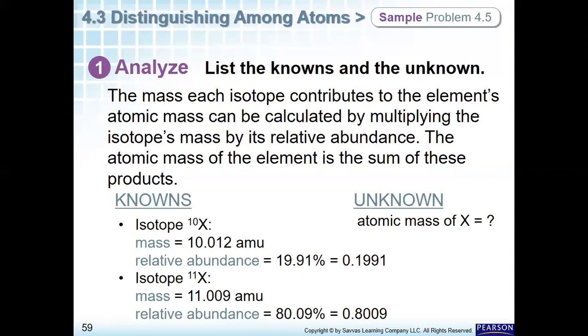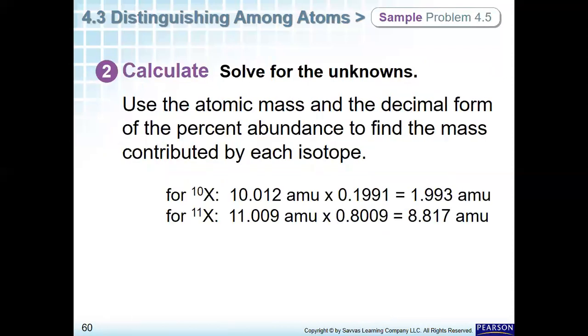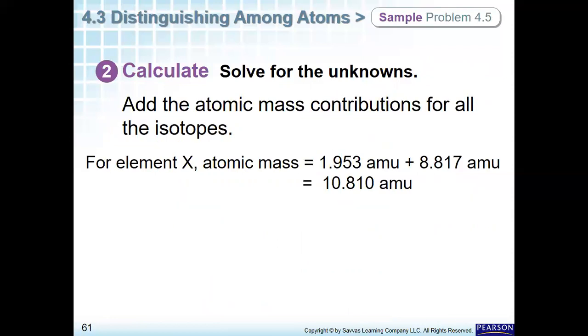On the other side, for X11, the mass is 11.009 AMU times its relative abundance in decimals, 0.8009. By the end, I add the first and the second together, so the average mass will be 10.810.